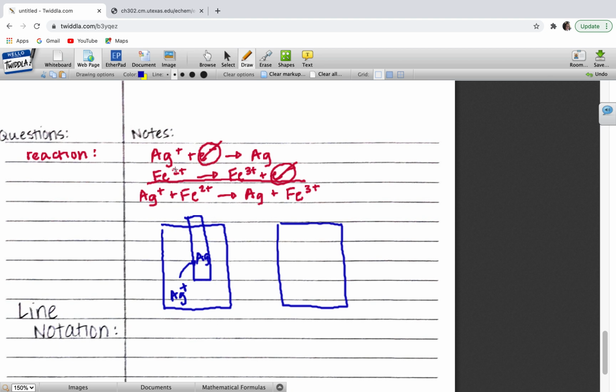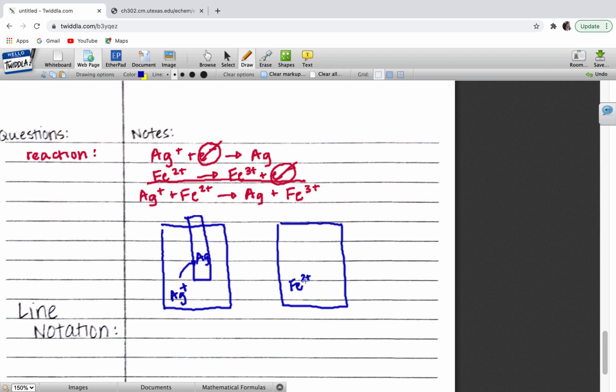Where are the electrons coming from? They're coming from iron. Now, there's no uncharged metallic iron over here. Instead, what we have is Fe2+ floating around, dissociated, because ions are not solids. They're dissociated ions in liquid.